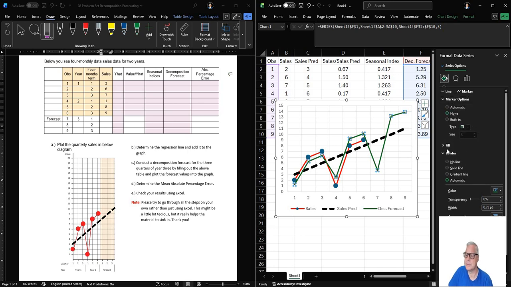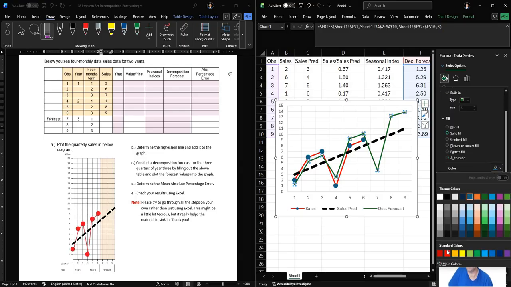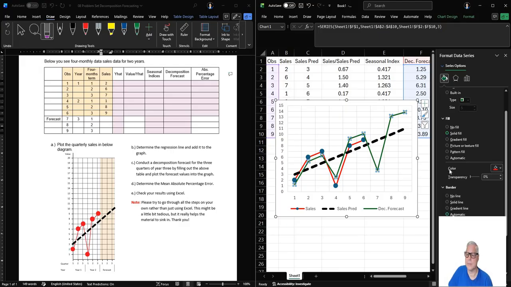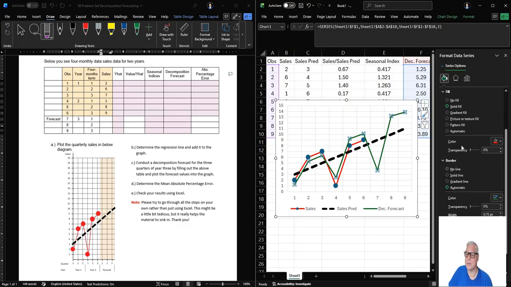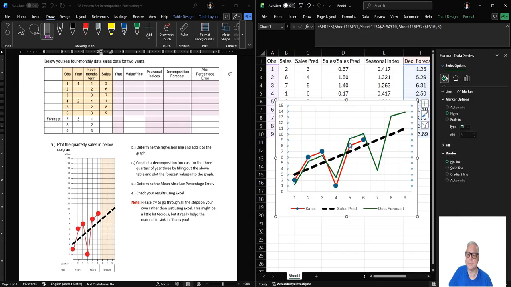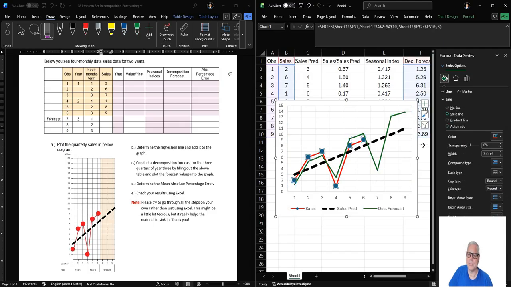Marker options, type, fill, solid fill. Let's make it red, and no border. Okay, violet and red.